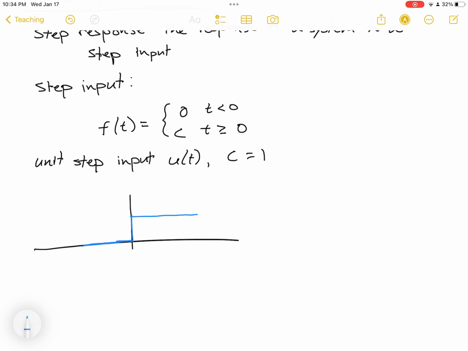So this kind of input, when you think of it as a forcing function, is analogous to turning on a light, turning on a motor, starting to power a system, things like that.